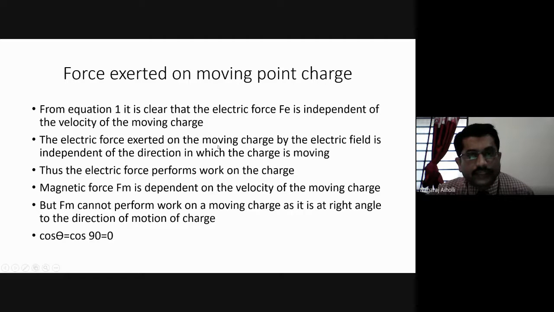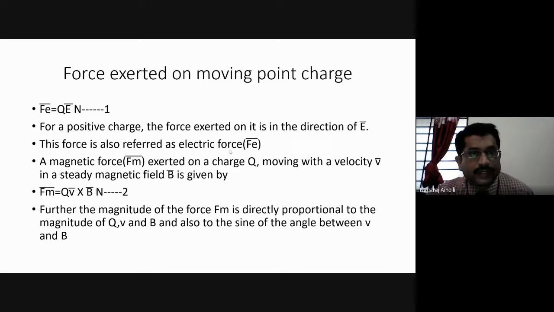It is also independent of the direction in which the charge is moving. It is independent of both.